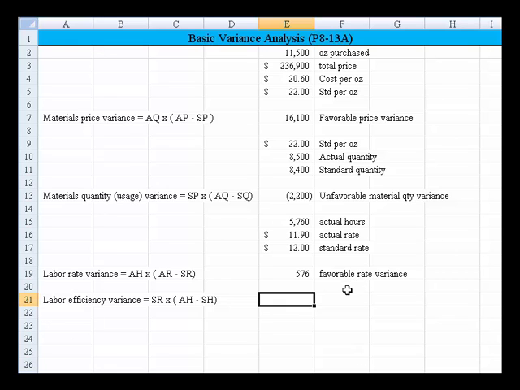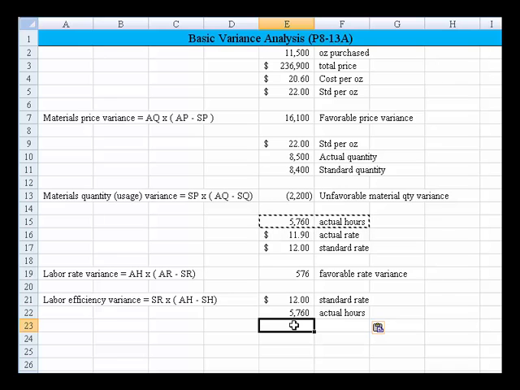Now let's see if we can just copy some of this down. The standard rate is $12 per hour. The actual hours was the 5,760. I'll jot that down again. But the standard hours would be equal to something different.